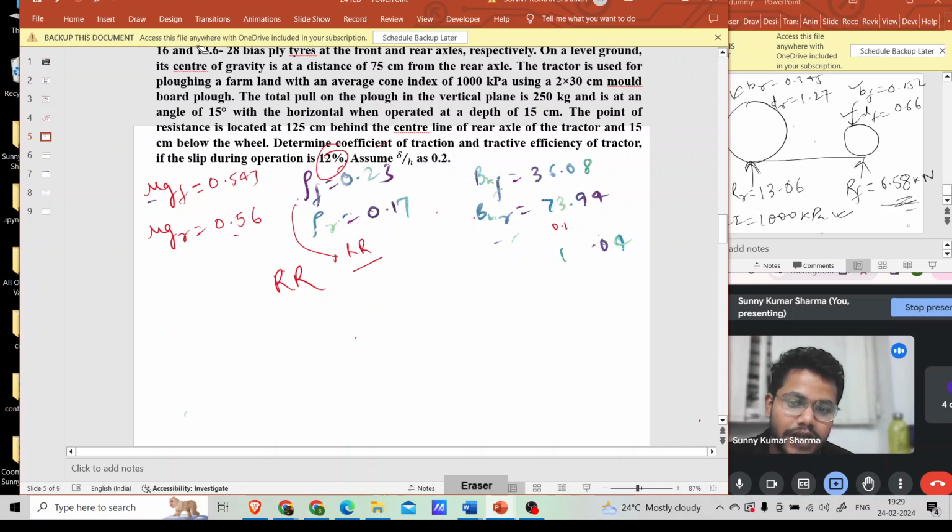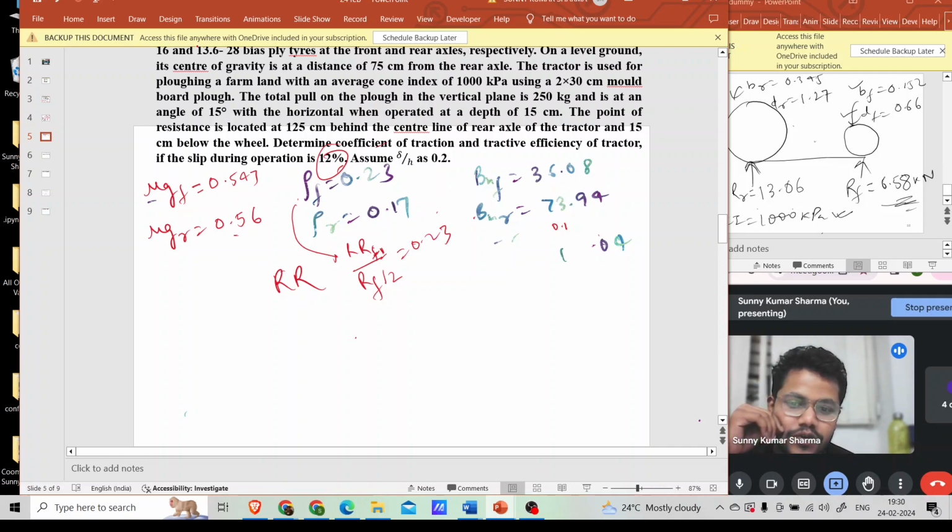This is for front axle, means RF, but this is RF by 2. If you want to do it for one tire, you have to divide RF by 2. Then you will get it for one tire. Means RR for one tire will be RF by 2, and this is 0.23. Are you getting what I am trying to say?